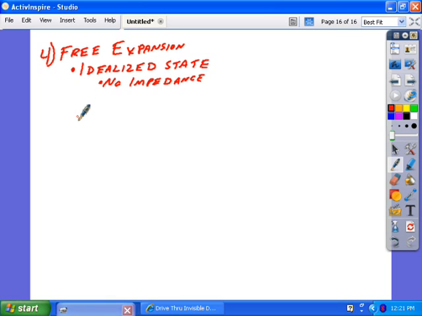Now, in the case of a free expansion, what this means is the internal energy of the entire system is going to equal zero. In other words, the heat is all going to be dissipated in the fact that it is expanding.